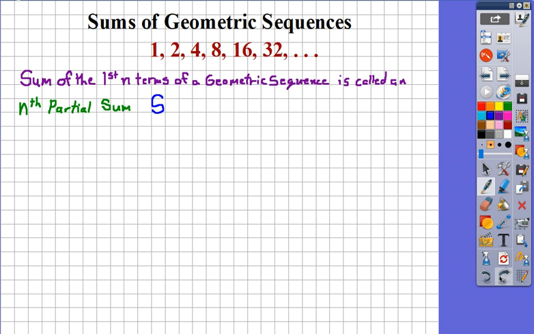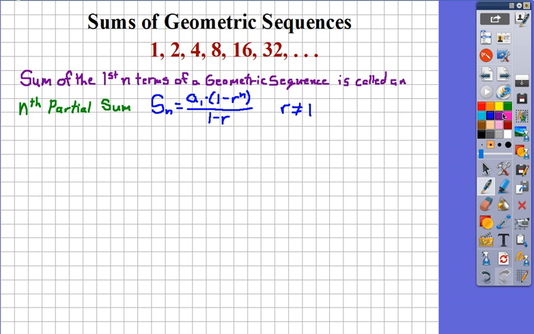But this one is denoted as S sub n equals the first term, a sub 1, times the quantity of 1 minus the common ratio to the nth power, the number of terms power, all of that divided by 1 minus the common ratio, as long as r does not equal 1.